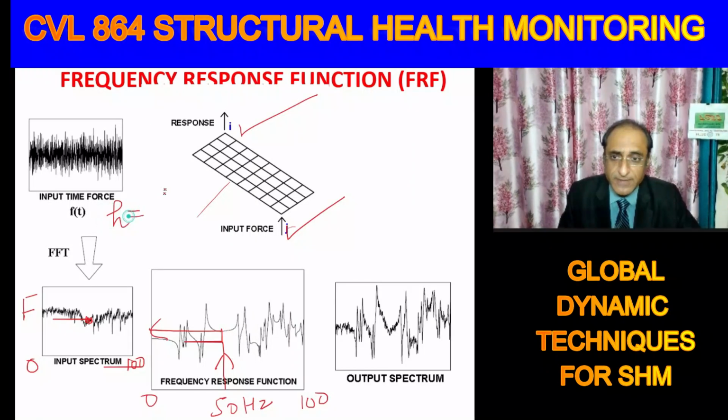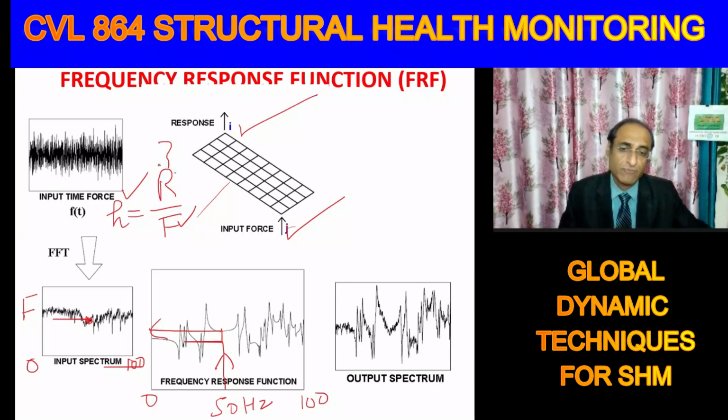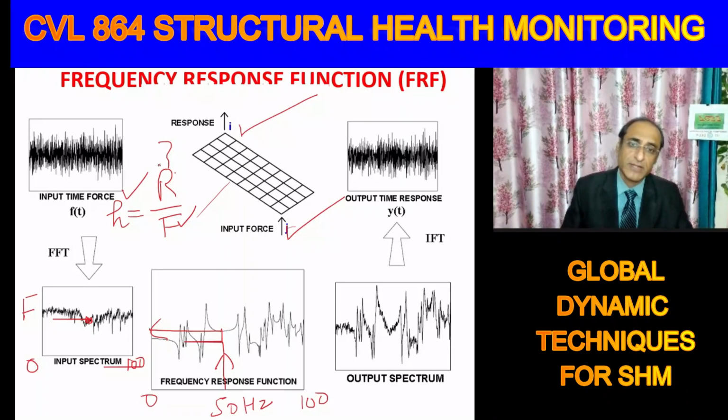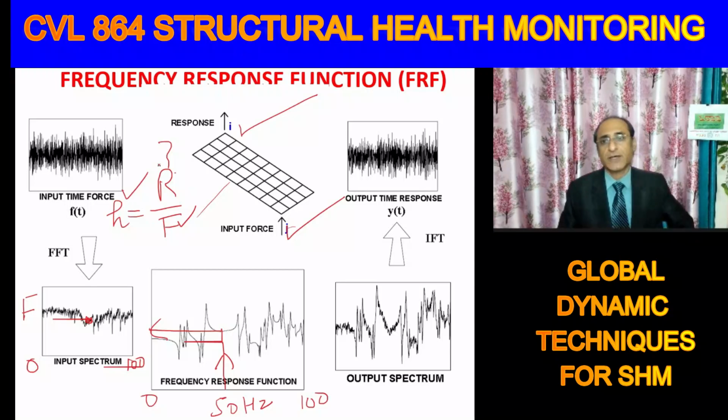H is basically R by F. So here we have H given, we have F given, so we can calculate R frequency-wise. This is the output, and then we do an inverse Fourier transform and we get the output time domain response. So this is how frequency response functions, if available, can be used to obtain the response of the structure to any time history. So it is used for experimental time history response prediction.